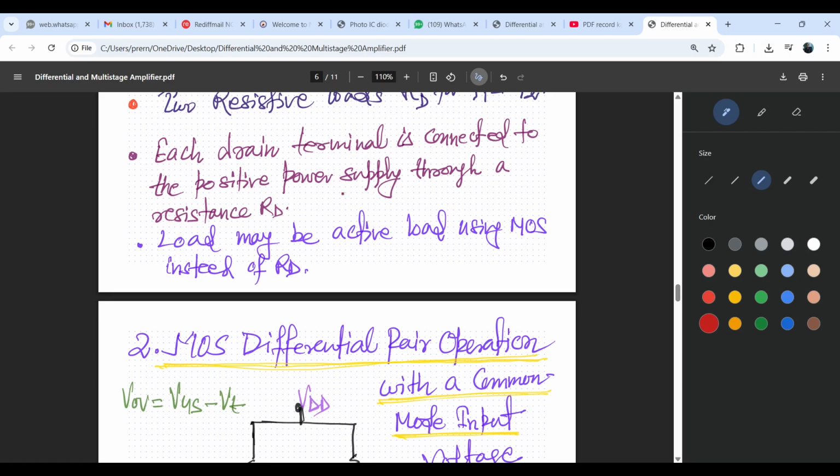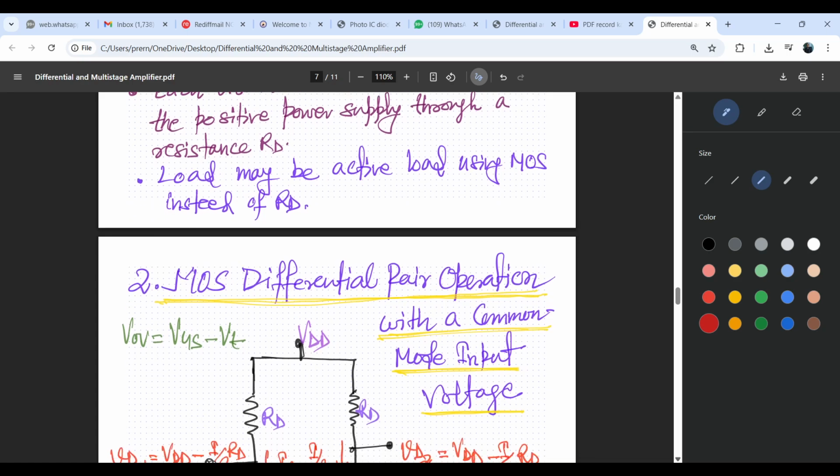The load we are taking here is a passive resistance RD, but we can take an active load; we will discuss it later. Instead of the RD resistance, we can take a current mirror circuit as a load, which we will discuss later. So now we will start the MOS differential pair with a common mode input voltage.